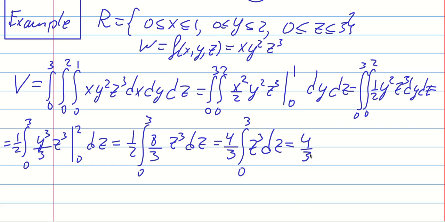So we have 4 over 3 times z to the 4 over 4 evaluated from 0 to 3. Finally, when we plug in 3, we're going to get 3 to the 4 over 3 minus 0, so it's going to be 27. And that's our answer for this problem.